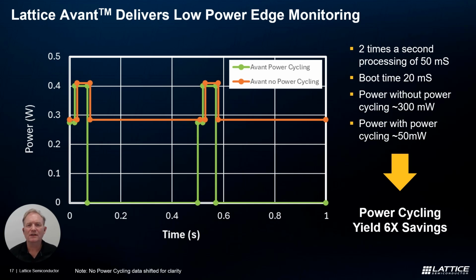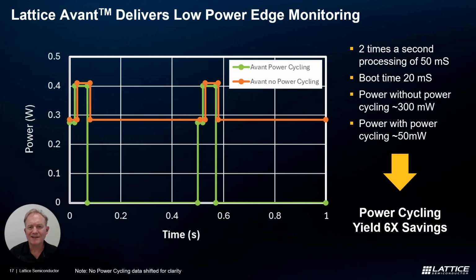But you don't need to leave the FPGA turned on for all of that time. We can make use of the fast boot and power gating the FPGA to further reduce the power consumption. If you take a look at the green line, what you see is at time 0, I start to configure the FPGA. It takes about 20 milliseconds in this case.